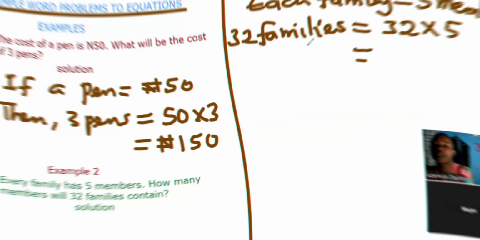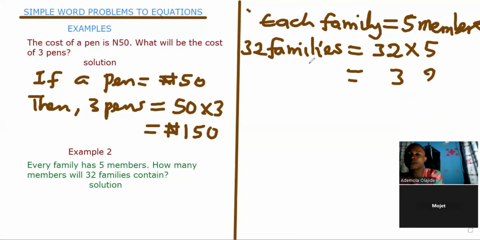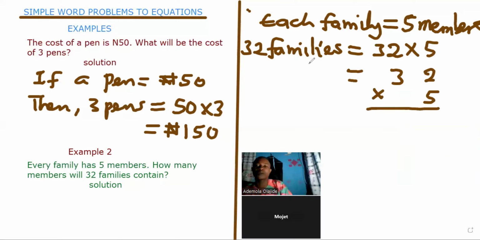You want to work this out now, you can just do 32 times 5, and this is multiplication. So 5 times 2, 10. Then you keep 1. 5 times 3, 15. Plus 1 you kept, 16.